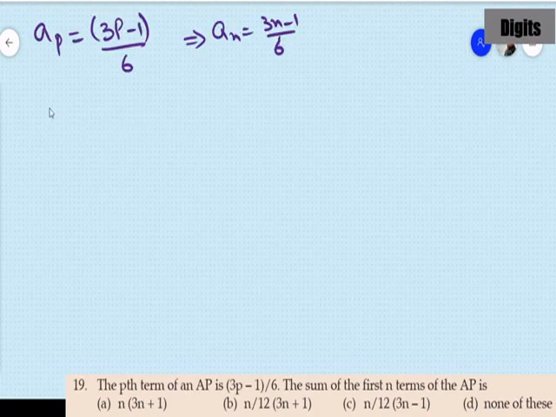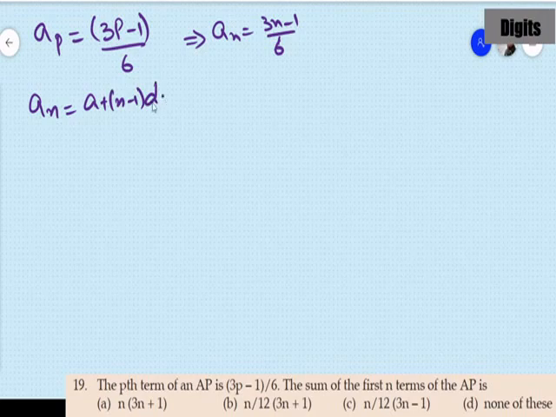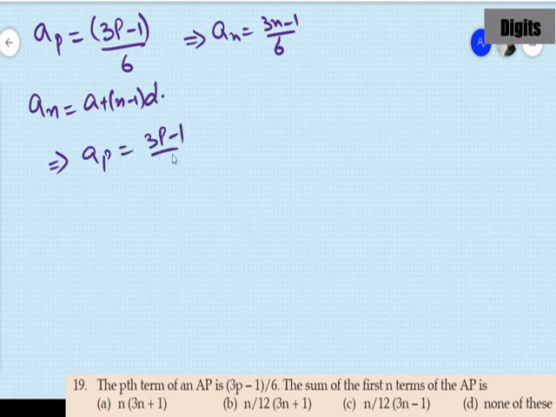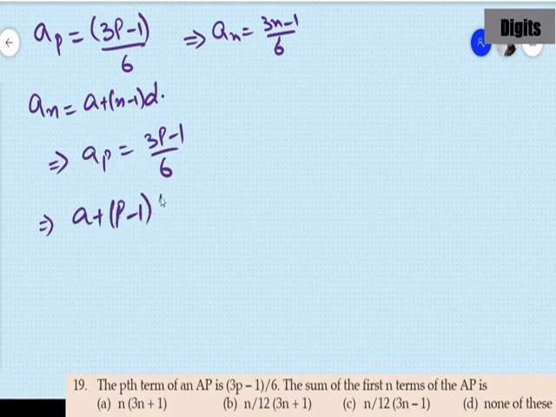Now we will say, since it is the nth term of an AP, an is a plus n minus 1 times d. So it implies the pth term, which I can say ap, equal to (3p minus 1) divided by 6. It implies ap is a plus p minus 1 times d, with a as the first term and d as the common difference, which will be equal to (3p minus 1) divided by 6.